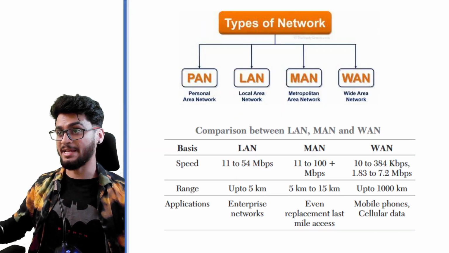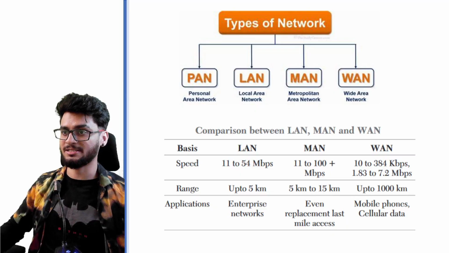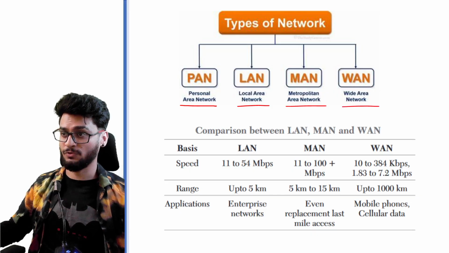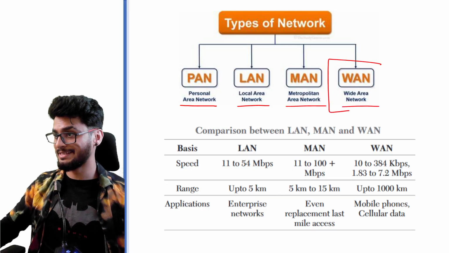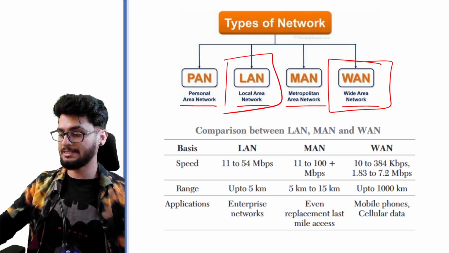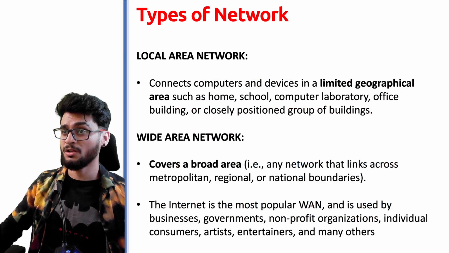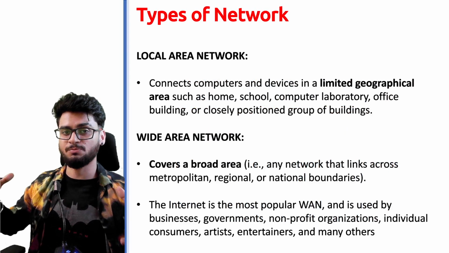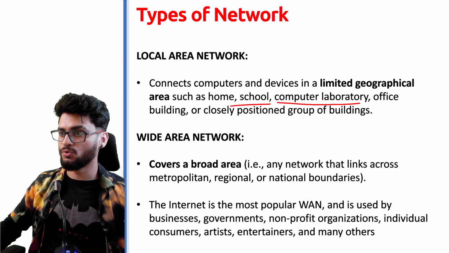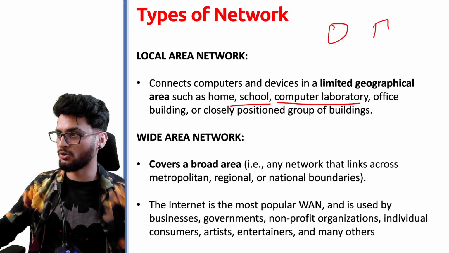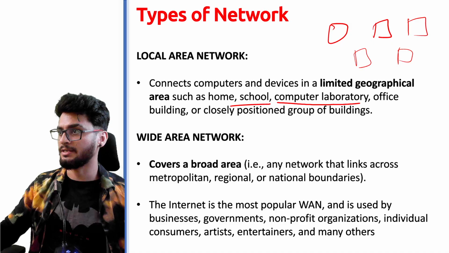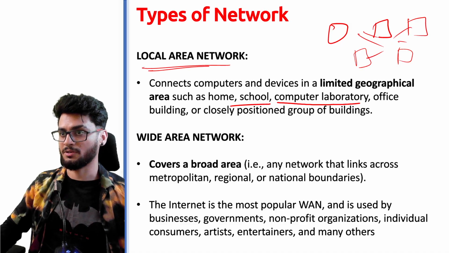Let's move on to types of networks. अलग type of networks भी होते हैं जैसे personal area network, local area network, MAN and WAN. From your board's perspective, this is important as well as this. Now, what is the difference between these? Let's have a look. Local area network is within a very small area. जैसे आपका school हो गया, maybe computer lab. So in places में जब भी PCs और devices एक दूसरे के साथ connected होते हैं within a short area, it is known as a local area network.